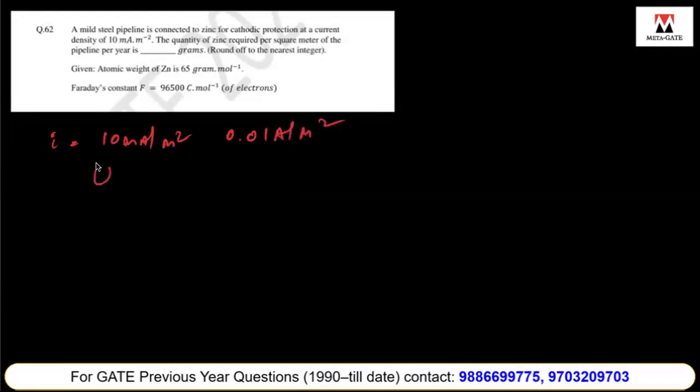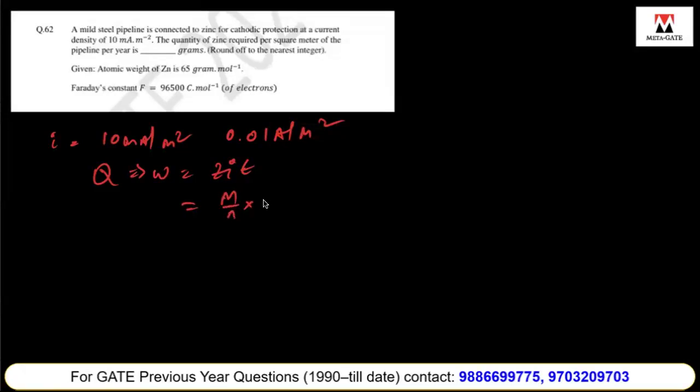The quantity required, W, is equal to ZIT, where Z is the atomic equivalent, which is equal to molecular weight by n valency.